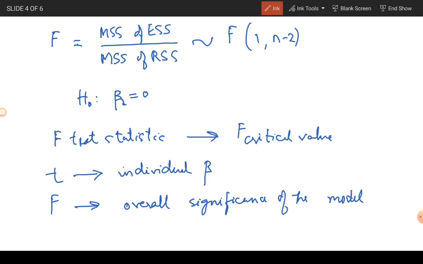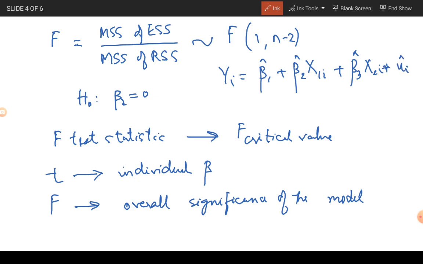But when you go into a multivariable regression model, something of the sort where you have more than one x variable, x1i plus beta 3 hat x2i and so on plus ui hat.